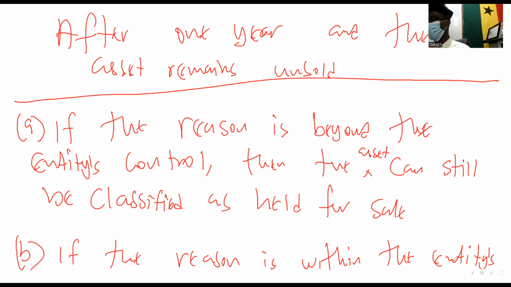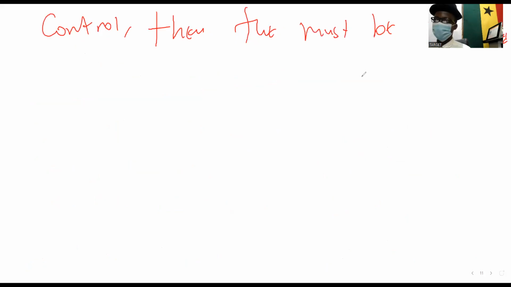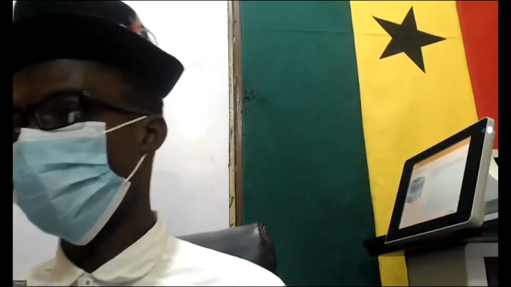If it is within management control, then the asset cannot be reclassified. And that's the question they're asking you here. I hope it's very clear, friends of mine. All right, so that is it.